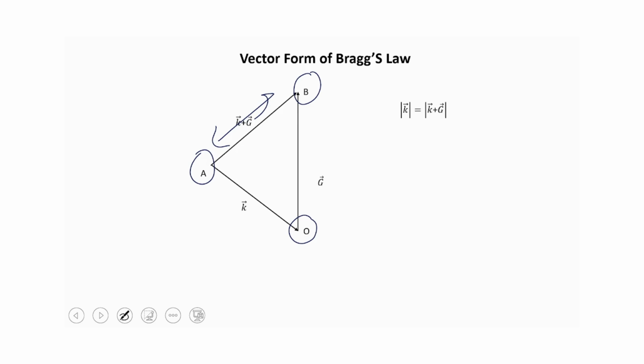That means the magnitude of vector K is equal to the magnitude of vector K plus vector G. So calculating the magnitude and cancelling the terms on both sides, we will get this expression, which we call the vector form of Bragg's law.